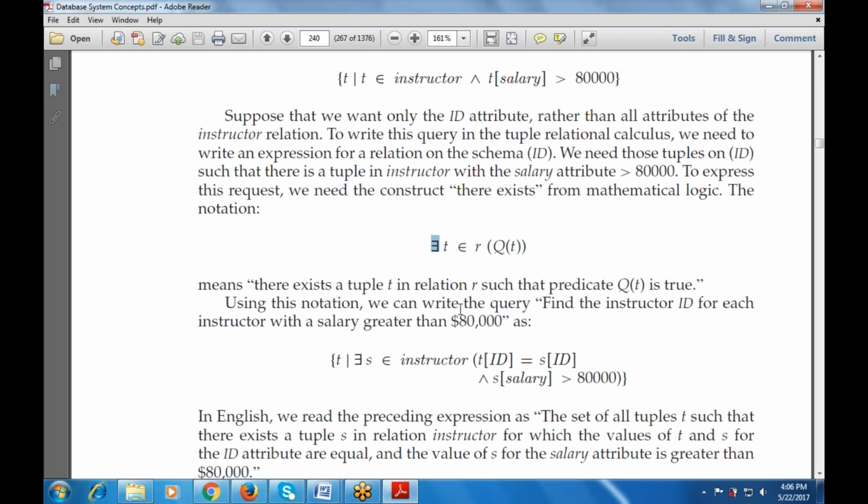So {T | there exists S ∈ instructor where T[ID] = S[ID] and S[salary] > 80000}.